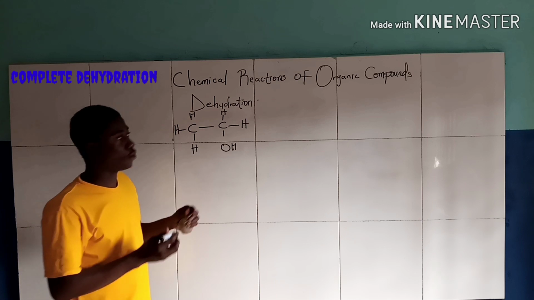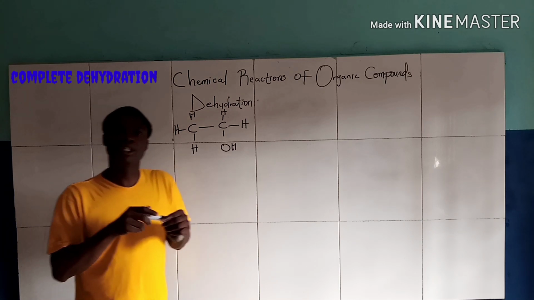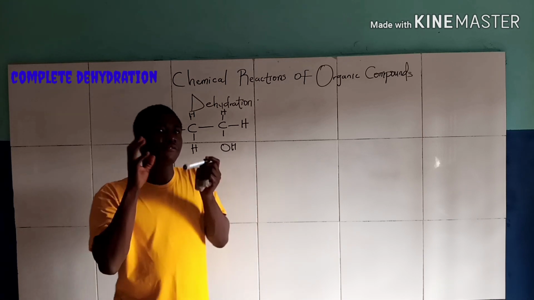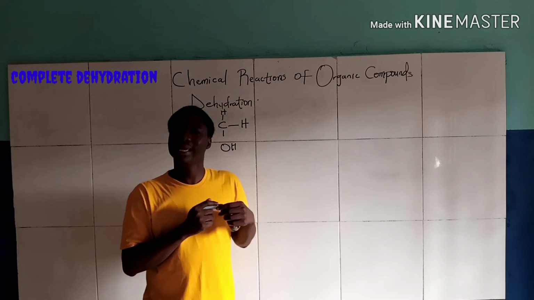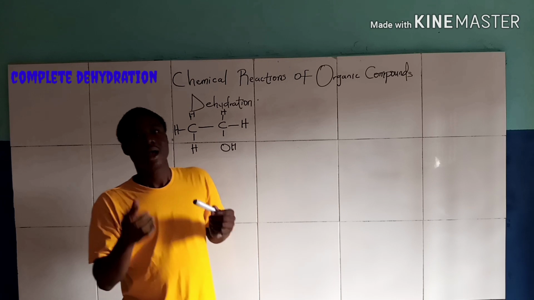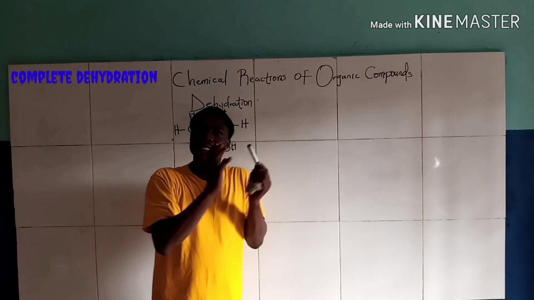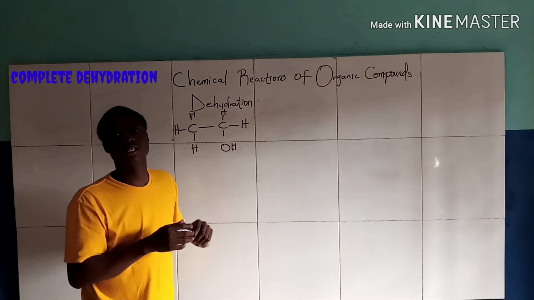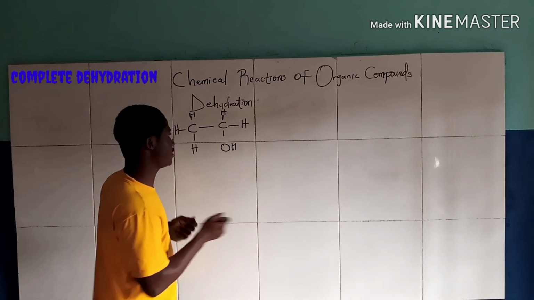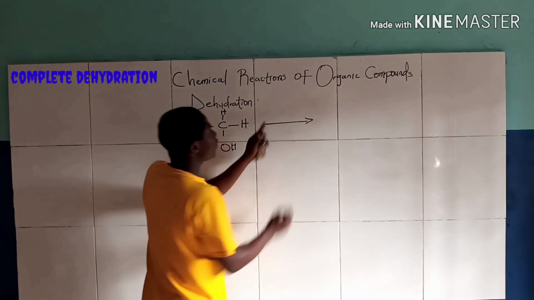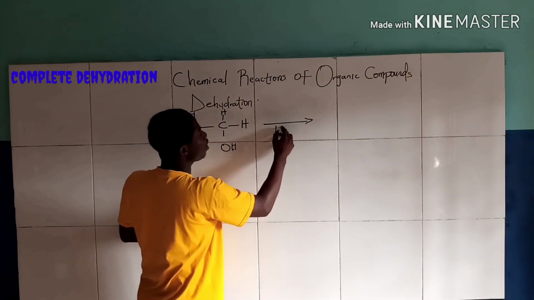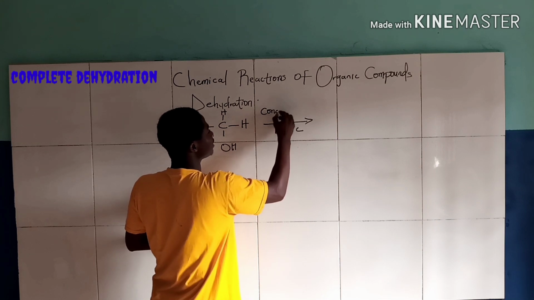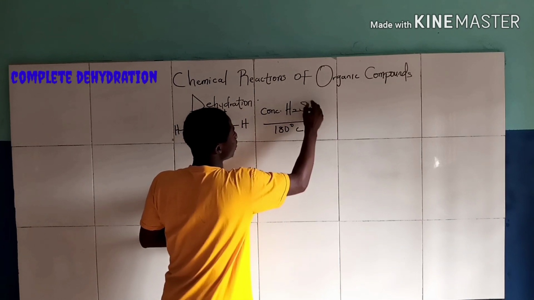Dehydration works at a temperature of about 180 degrees Celsius, and the dehydrating agent used in dehydration is concentrated sulfuric acid. So what will be in our yield sign will be 180 degrees Celsius and concentrated H2SO4.